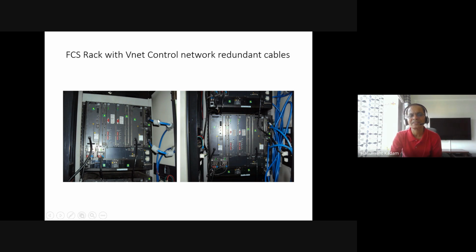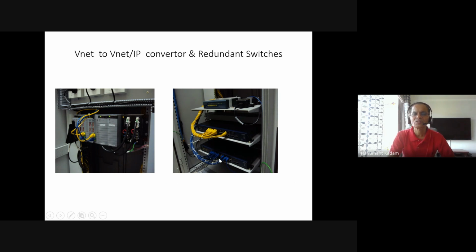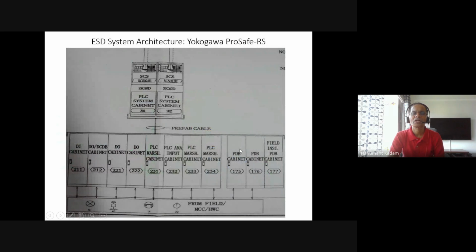You see, at that time in Centum VP, cables and network cables were of these types, and network switches were there. Then you can see this is the new system, with power supplies and a V8 converter for redundant switches.